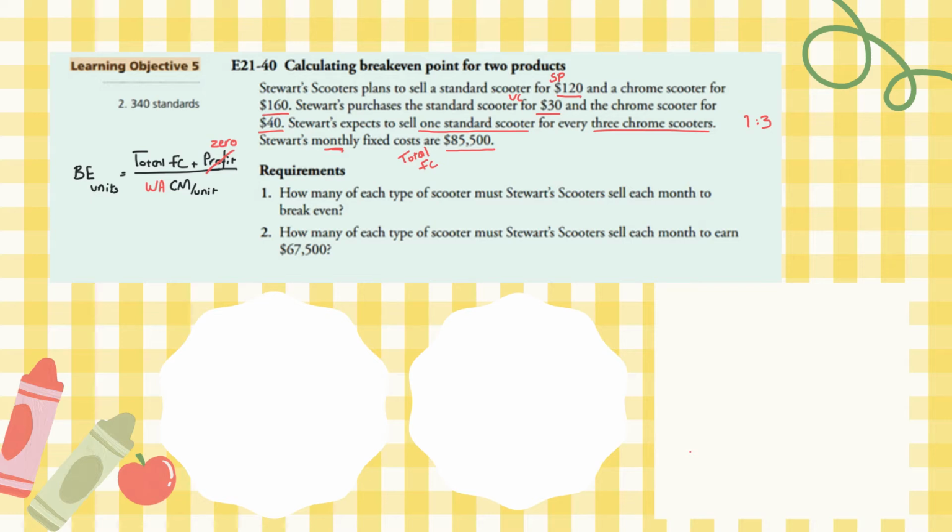So first, let's find the contribution margin. It's sales price less variable cost equals contribution margin. We have the standard scooter and the chrome. The sales price for the standard is $120, while for the chrome it's $160.